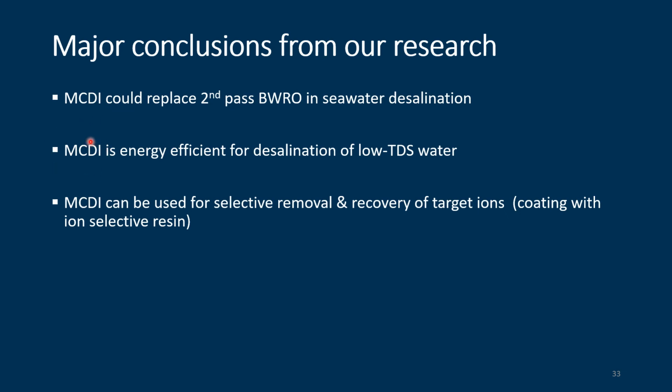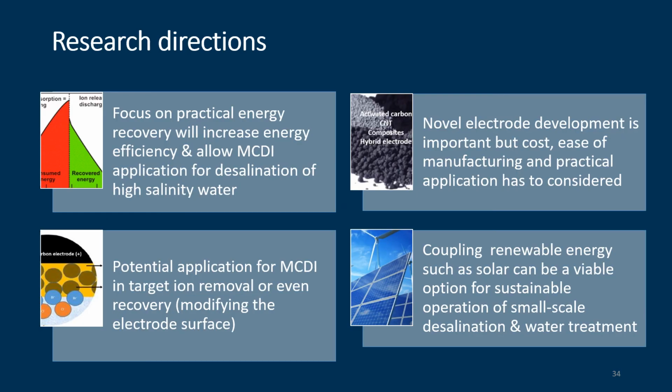MCDI is energy efficient for desalination of low TDS water. MCDI can be used for selective removal and recovery of target compounds, coating with the ion selective resin. So that's one of the advantages we can apply for MCDI, the anion exchange or cation exchange membrane in the future for high selectivity.